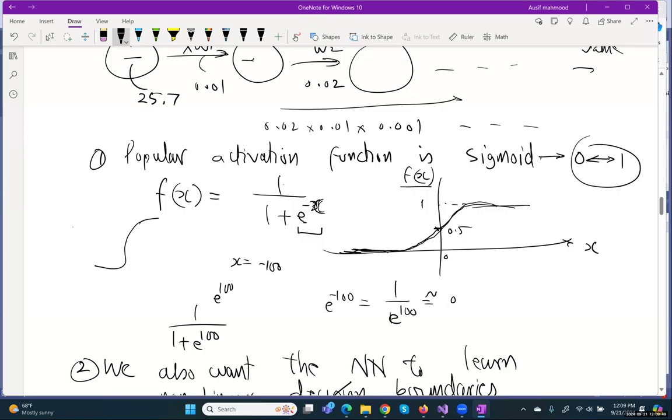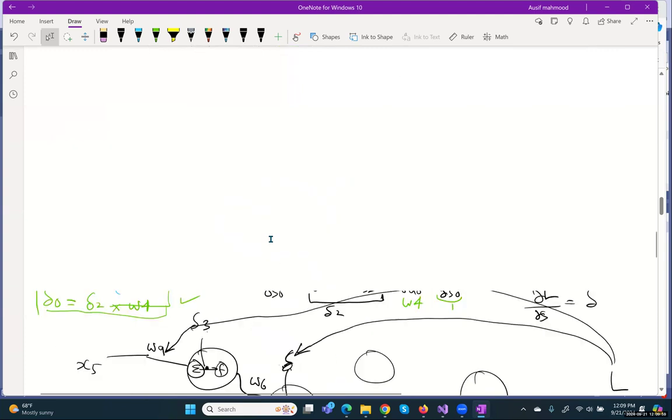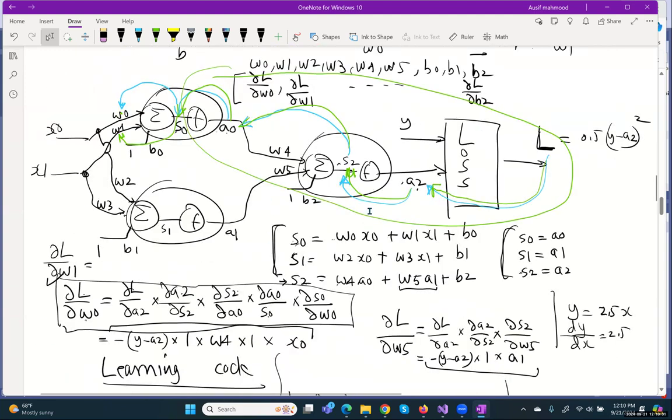So the question is, how will our learning equations change? Coming back to our simple 3-neuron example, if this activation function is no longer a linear function but a sigmoid, then previously, remember I was saying we will do partial L over partial A2, then partial A2 over partial S2.